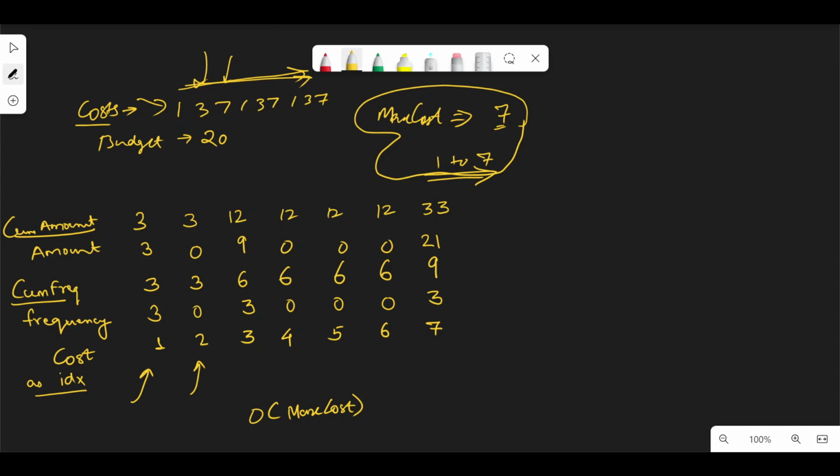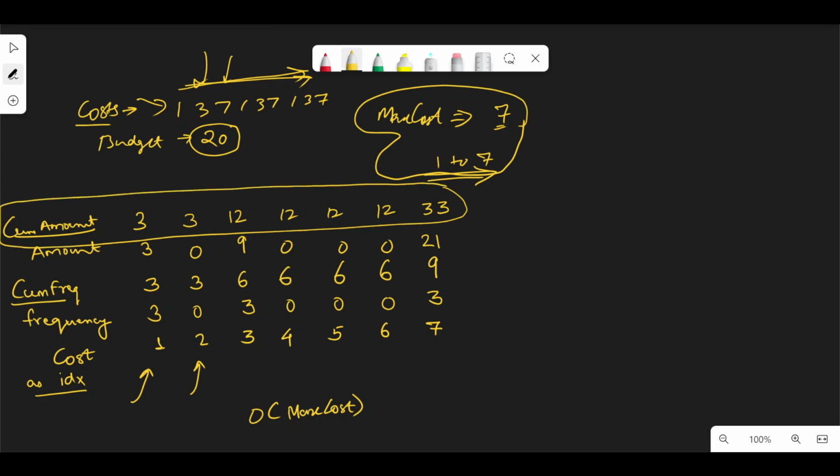Now, what can we do to actually solve for this budget thing, right? To solve for this budget, let's find out for how many costs we can buy all the different toys that are there. So we do a binary search on this cumulative amount array, right? We see that in the middle we find 12.